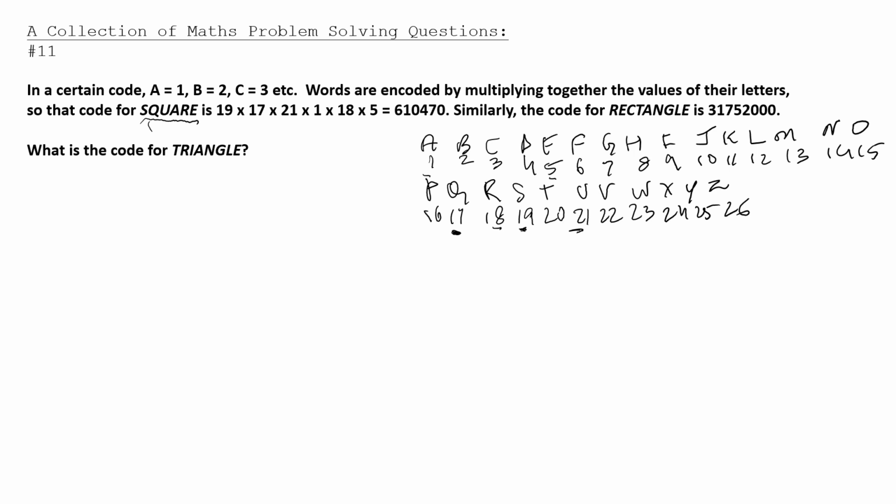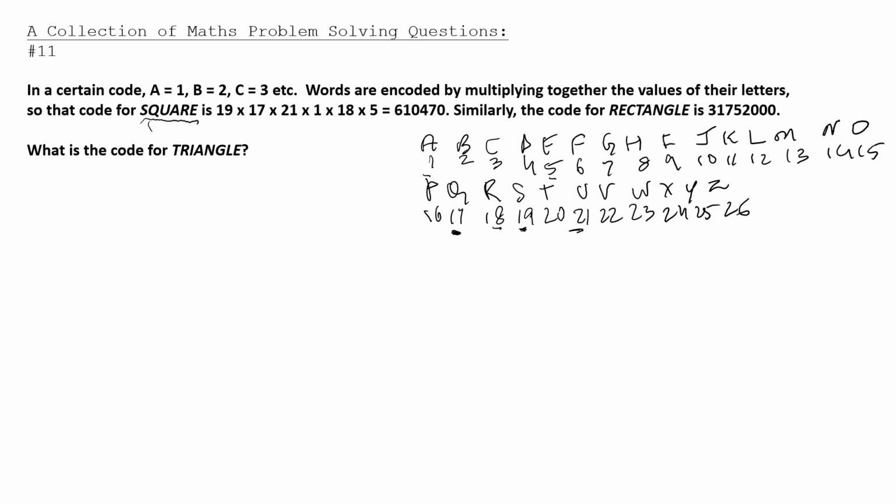Similarly, they have worked out the code for rectangle, and we have to find out the code for triangle. You can always work it out by multiplying each number corresponding to the letter, so T is 20, and then R is 18, so 20 times 18 times, and so on.